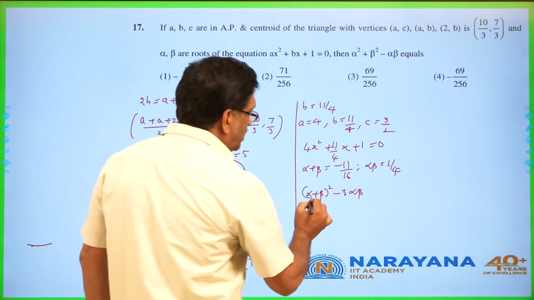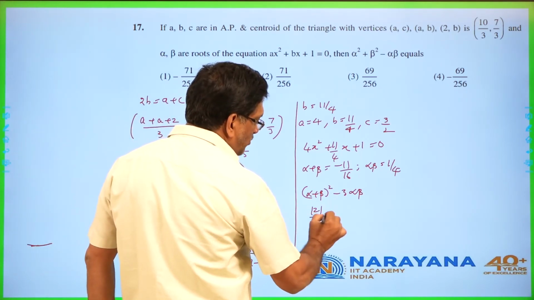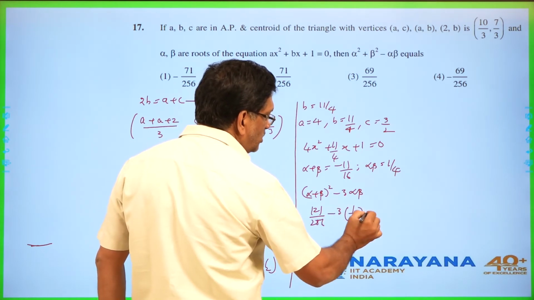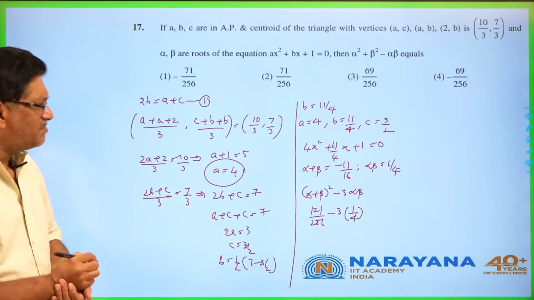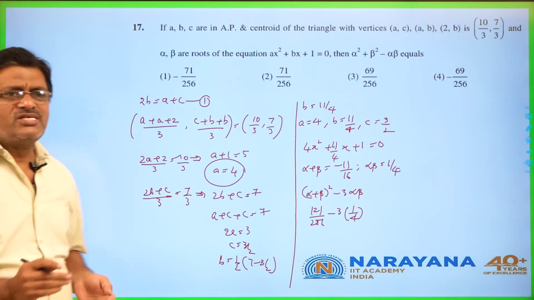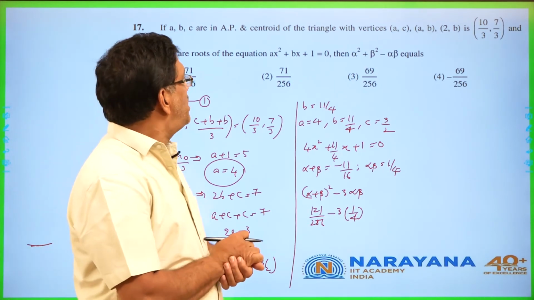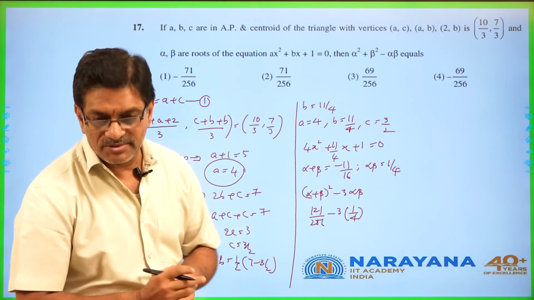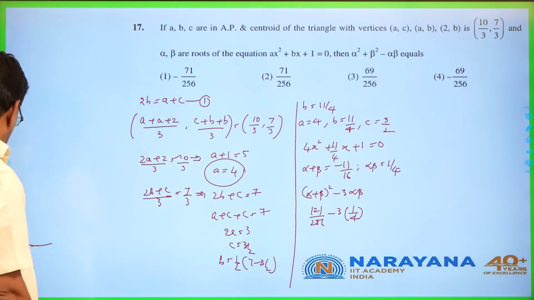It is nothing but 121 by 256 minus 3 into 1 by 4. Let us simplify and you will get the appropriate value, right? So this is question number 17, based on the progressions as well as simple quadratic concept. Let us go to the next question.